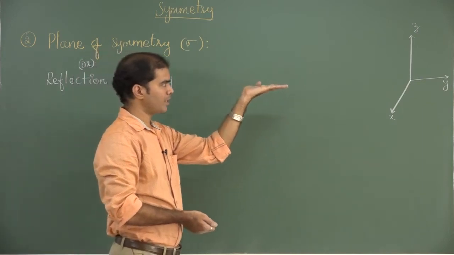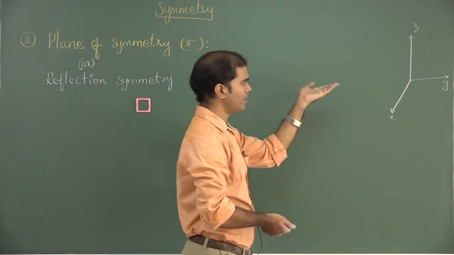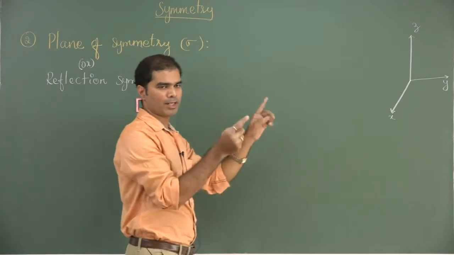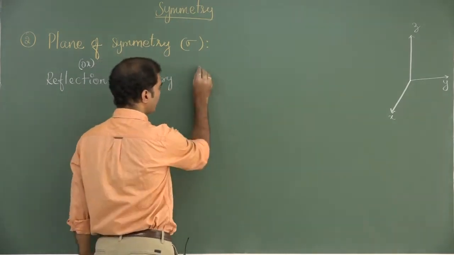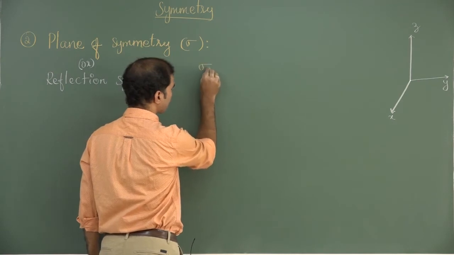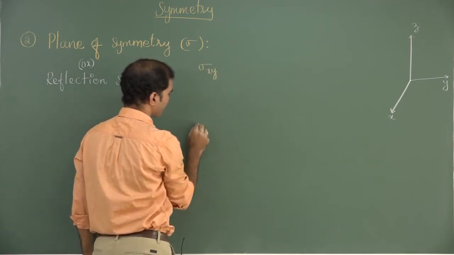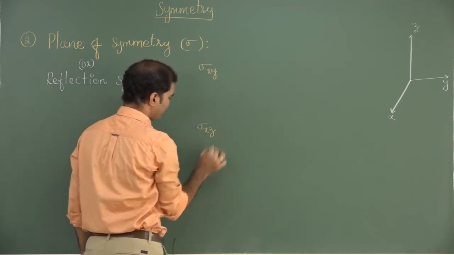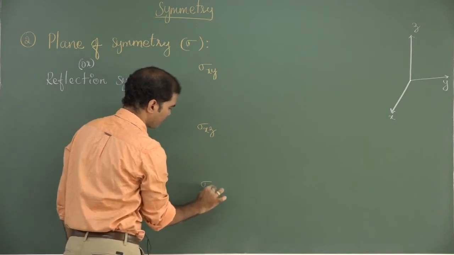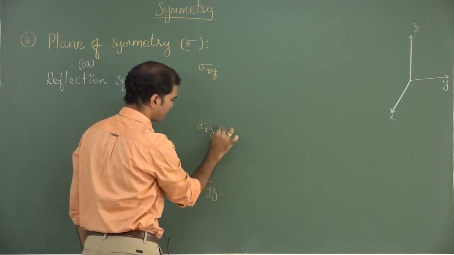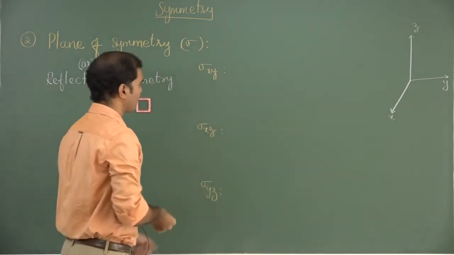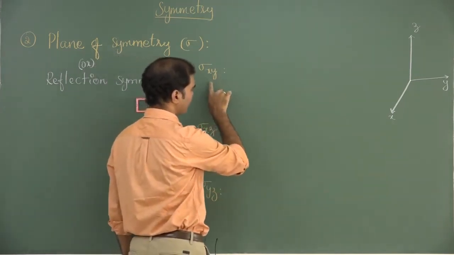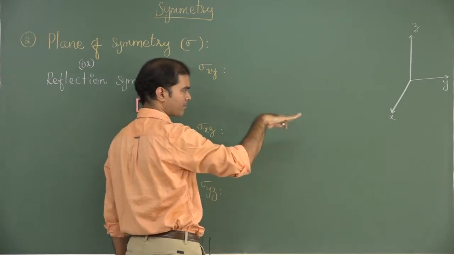So with respect to these planes, I will put here which half gets reflected. Let me start with sigma xy, sigma xz and sigma yz. When I take sigma xy, it is this plane.